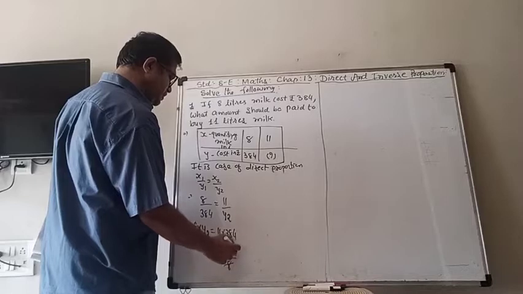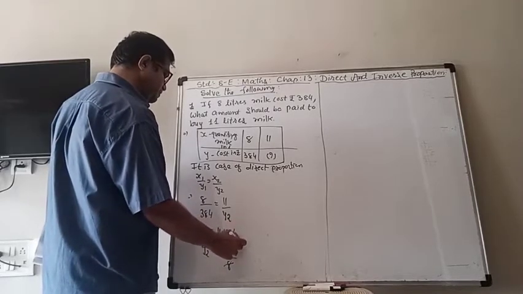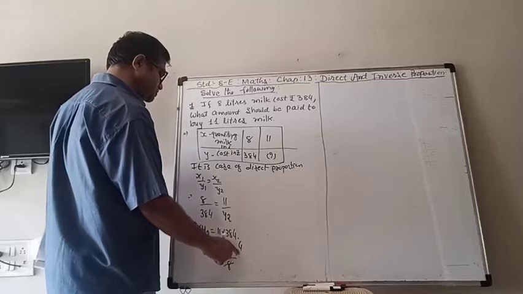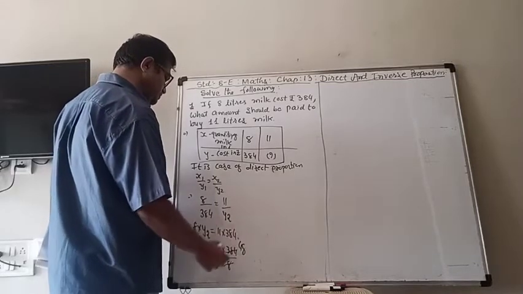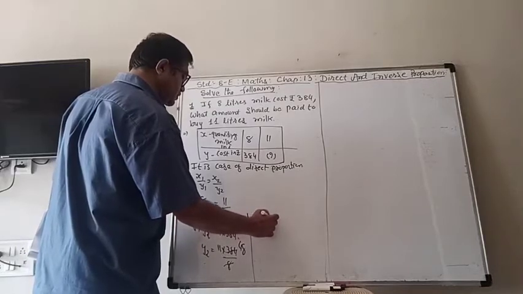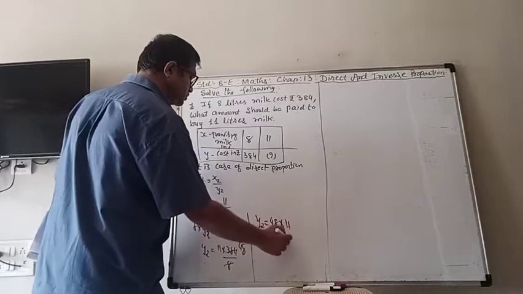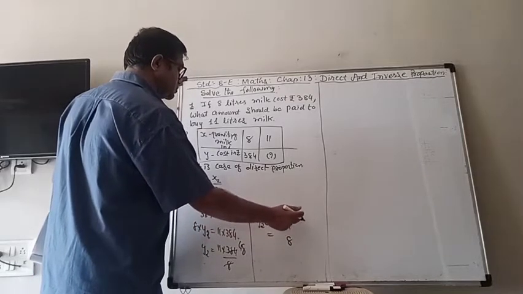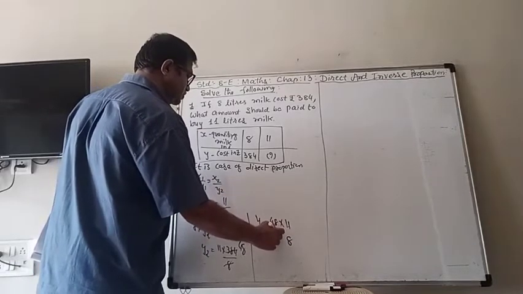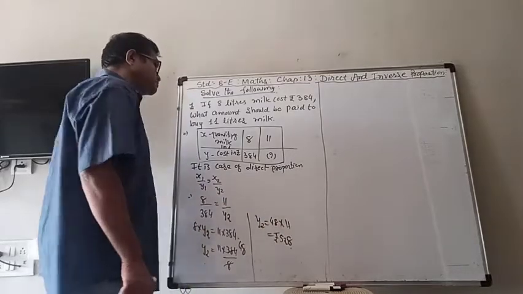Now we divide 384 by 8. 8 4s are 32, 8 8s are 64. So y2 is equal to 48 multiplied by 11, so it is rupees 528.